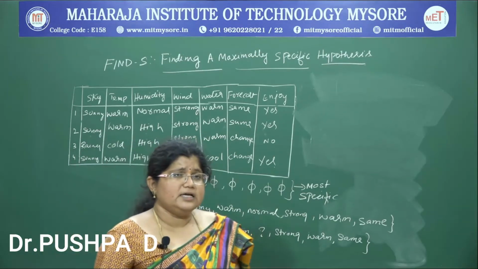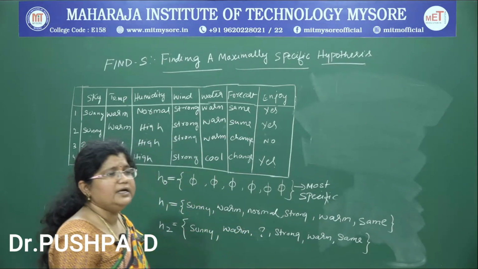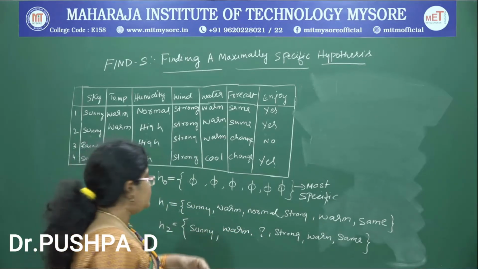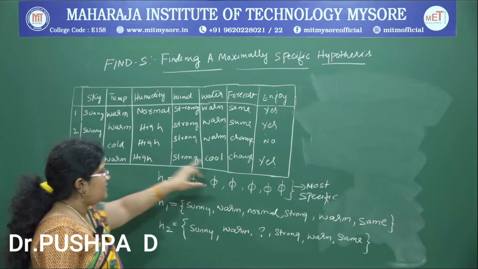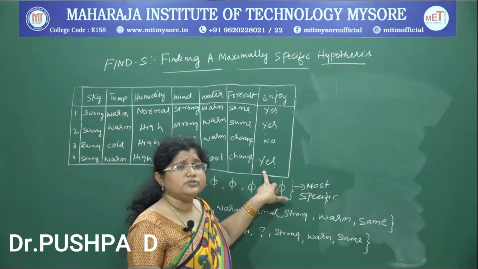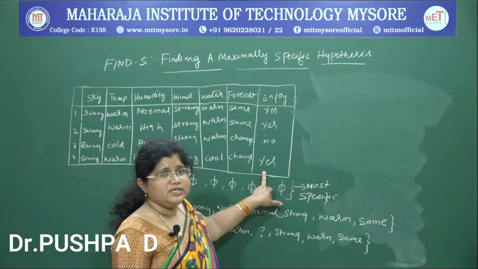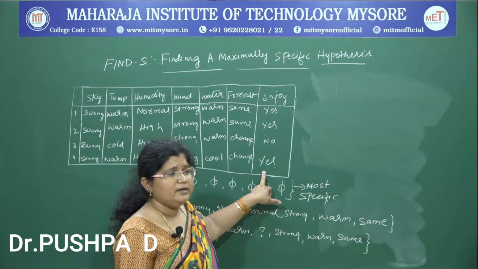So the Finds algorithm is not going to address negative training examples. Next, let us look at the next training example. The Finds algorithm just looks at whether the target concept is positive or negative.